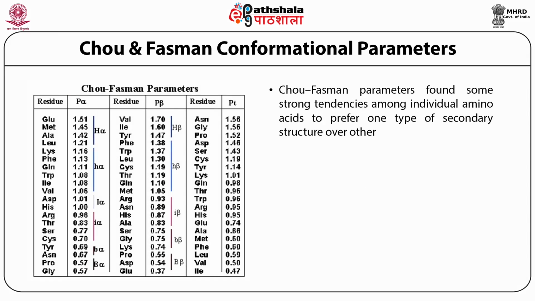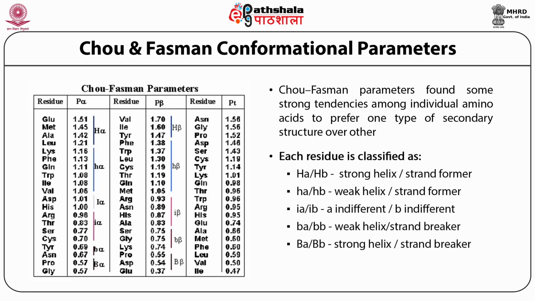The original Chou and Fasman parameters found some strong tendencies among the individual amino acids to prefer one type of secondary structure over others. In such a way, their preferences were classified as strong former, weak former, strong breaker, weak breaker, and indifferent.